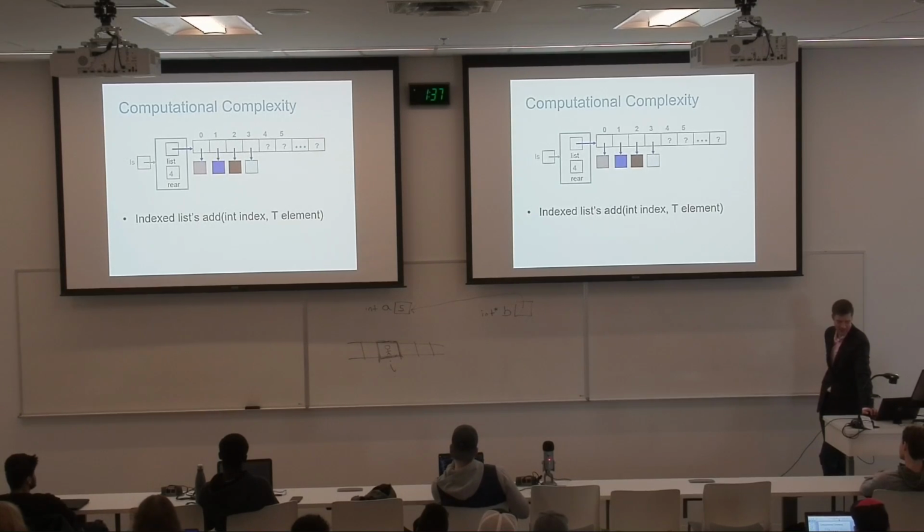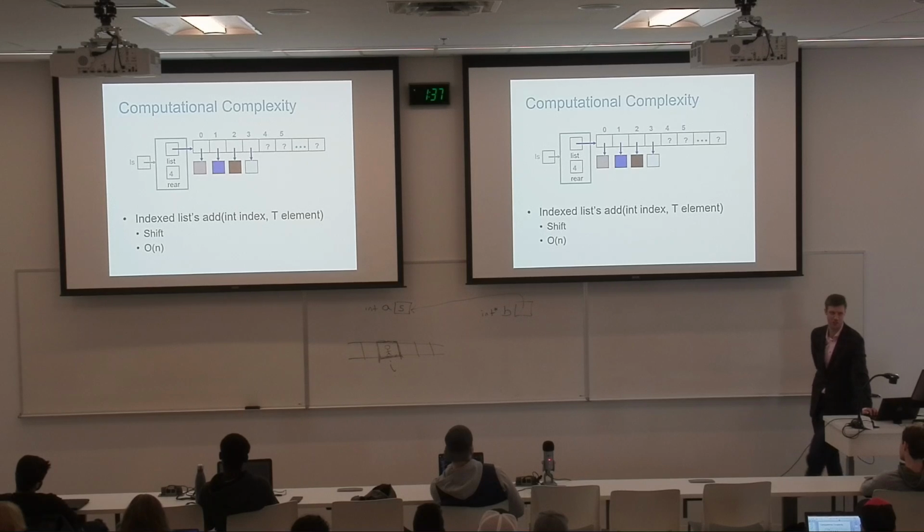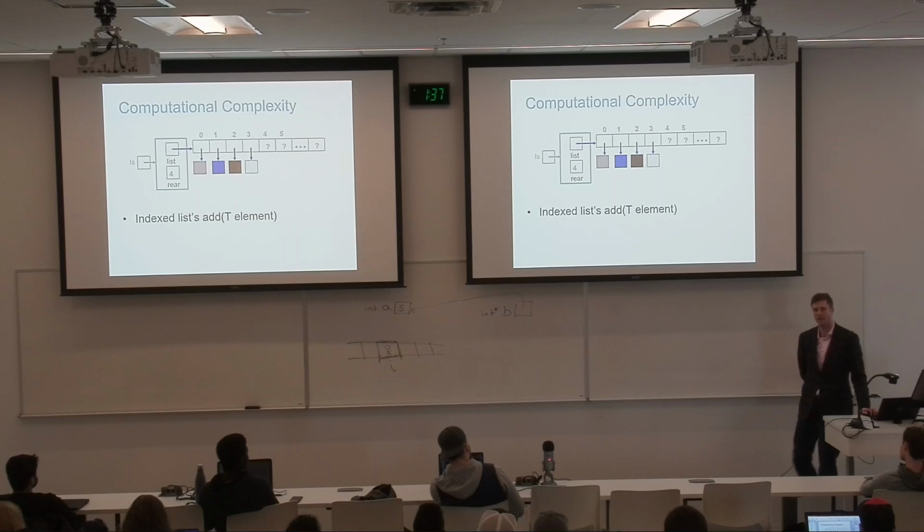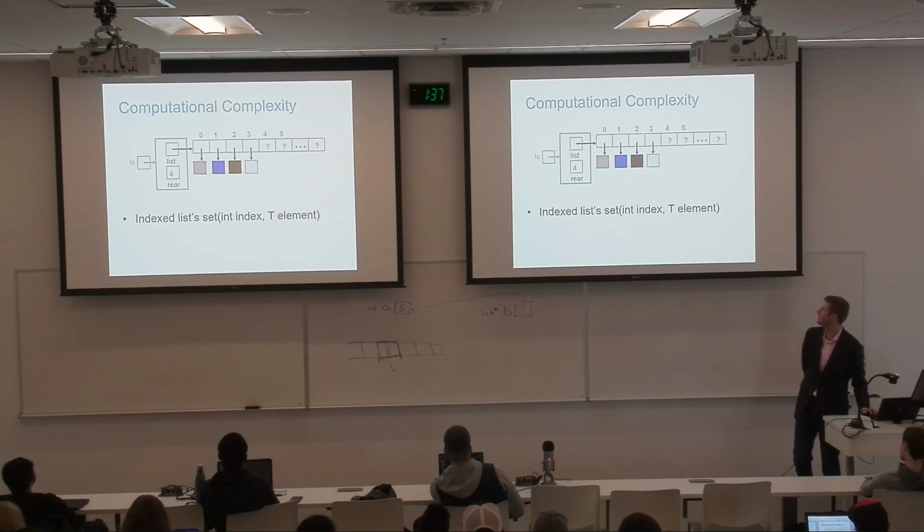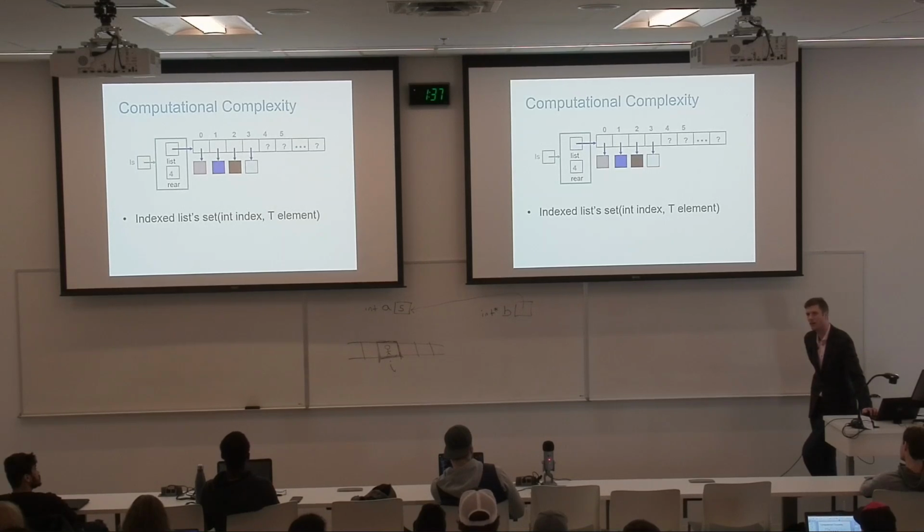Ooh. Index lists add. Why? We have to shift. We don't have to search because we're just going right to that index. We might have to expand capacity. Index lists add to the end. We just answered that. Index list set something at an index to an element. 1.